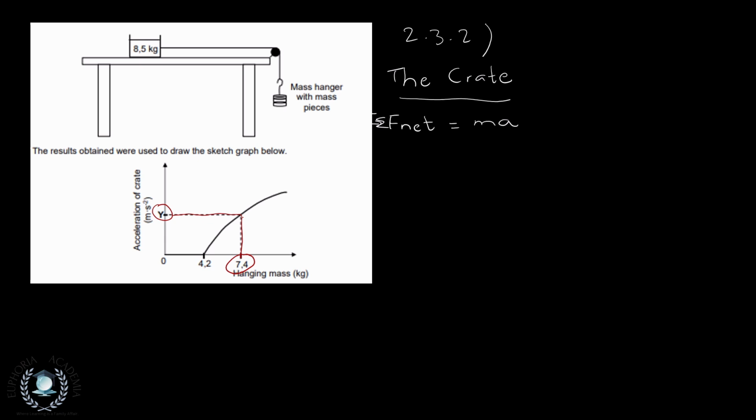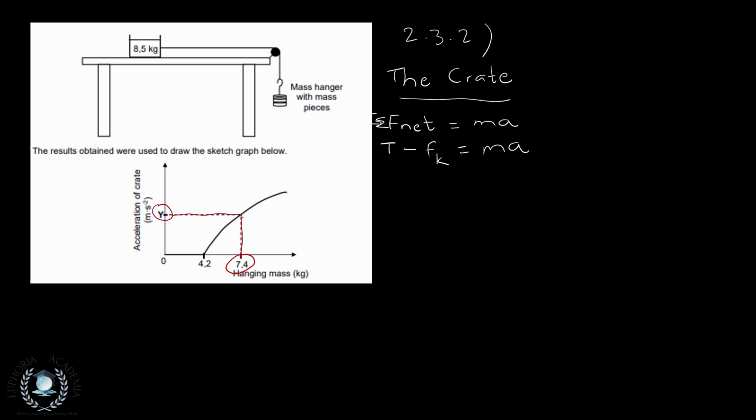We have our tension minus, we have motion now, so our kinetic friction, sorry, is going to be equal to our mass times our acceleration, and we're told that the coefficient of kinetic friction is 0.4.